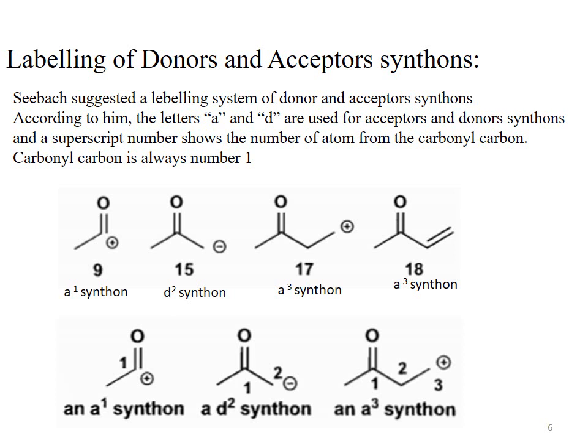So the beta carbon is the electrophilic center. It means this is an acceptor synthon. This compound will act as an electrophile. What is the number of the acceptor carbon? That is carbon number 3 with respect to the carbonyl carbon. That's why this is an A3 synthon.